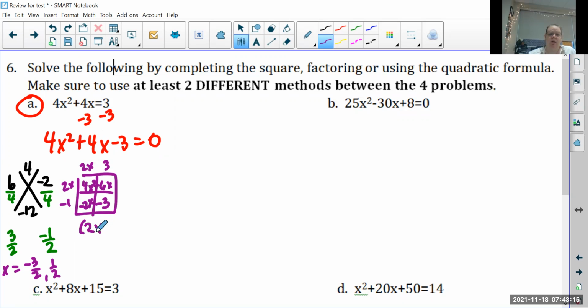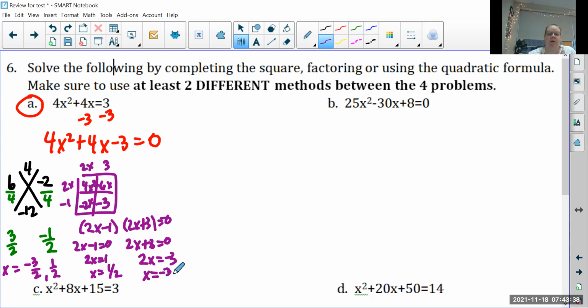So you would get 2x minus 1 and 2x plus 3 equals 0. And then you would set each of these equal to 0 and solve. You solve by adding 1, so you get 2x equals 1, and then divide by 2, so you get x equals 1/2. This one, you would set this equal to 0. The first step would be to subtract 3, so you get 2x equals negative 3. Then divide by 2, and you would get x equals negative 3/2. So again, the same two answers that you got.